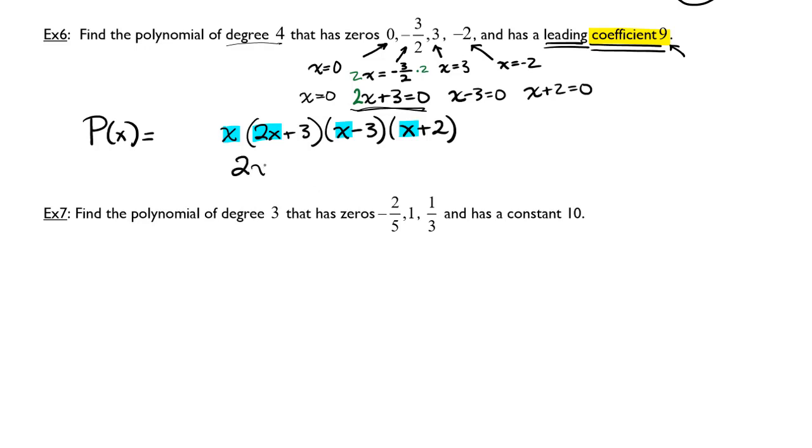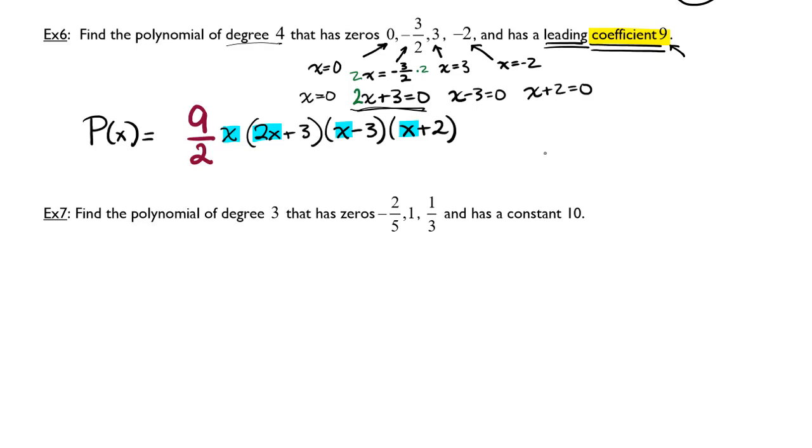This will give me a 2x to the 4th, but I don't want a 2x to the 4th. I want a 9 as my leading coefficient. So I am going to multiply in front of everything by 9 over 2. This will divide with the coefficient in the numerator, and I will have a 9 in front.